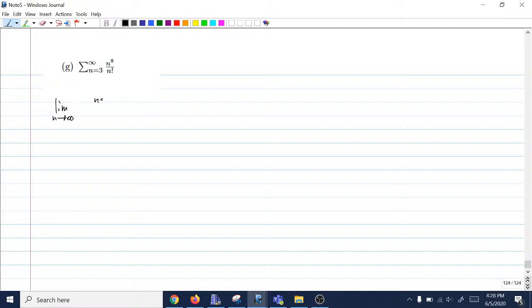The n plus 1th term is n plus 1 to the 8 over n plus 1 factorial. I'm going to divide that by n to the 8 over n factorial. I get n plus 1 over n to the 8 times n factorial over n plus 1 factorial.